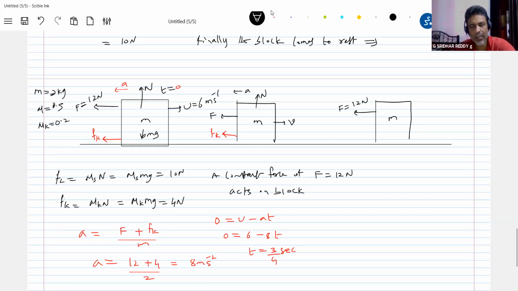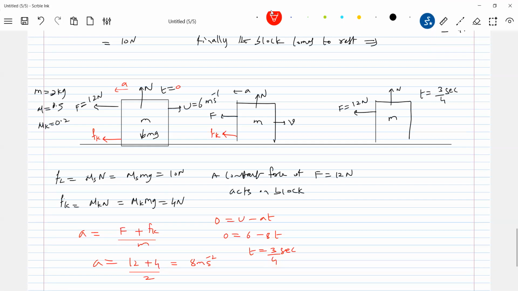Okay, that's the basic condition. And now the moment it comes to rest, at t equal to 3 by 4 seconds, just it comes to rest here. Tell me, how the direction of friction do I have to show? Just less than 3 by 4. 3 by 4, anybody value? 0.75 seconds.